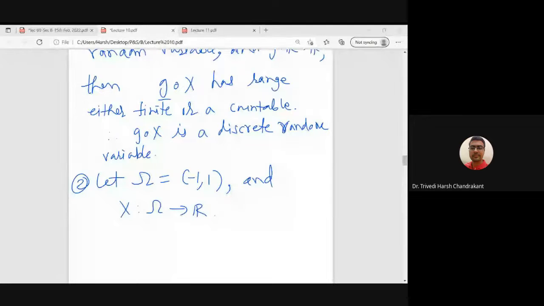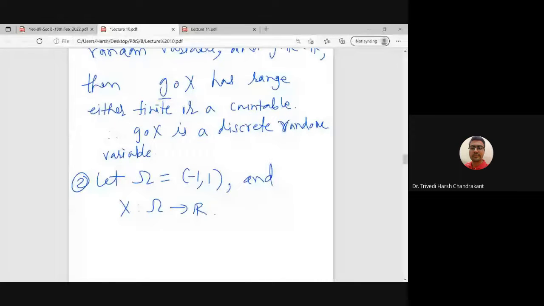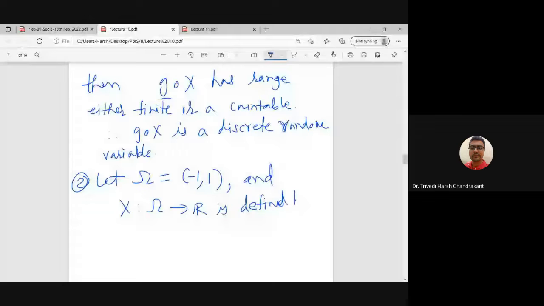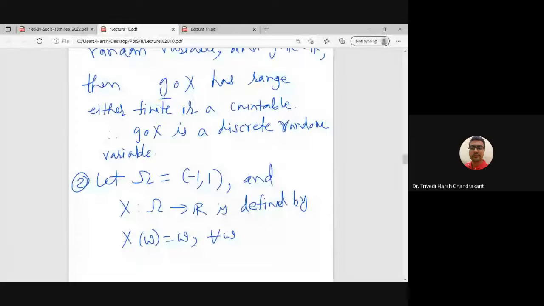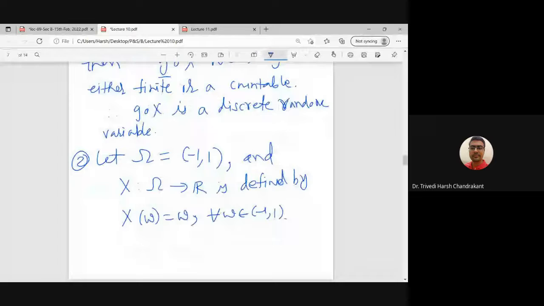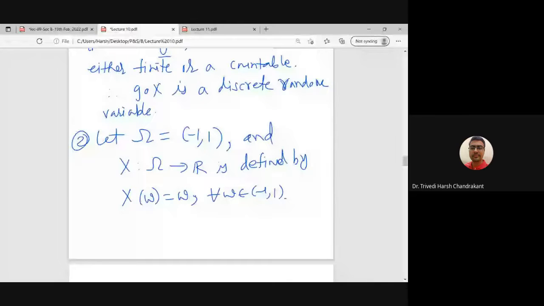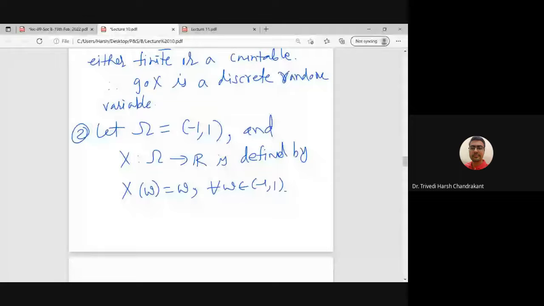So let us define the trivial function X by X(omega) = omega for all omega in the interval. Then consider a function from R to R that takes only finitely many values.